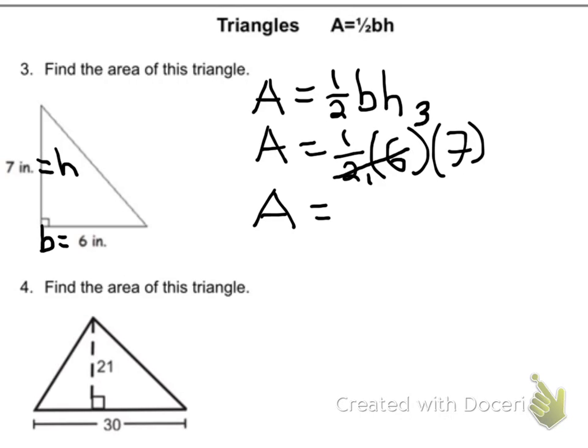Divide 2 by 2, get 1. And thus we have 1 times 3 times 7 divided by 1 is 10. And that's inches squared. Okay.